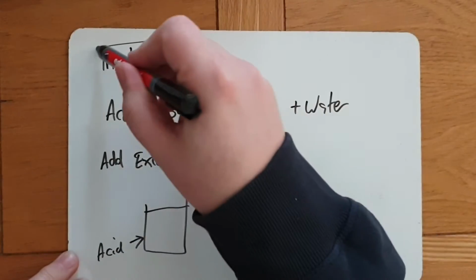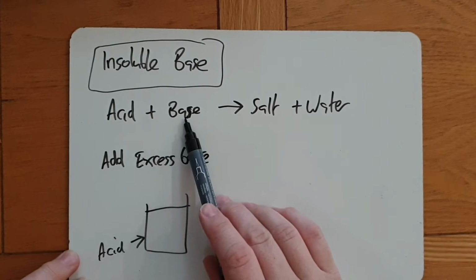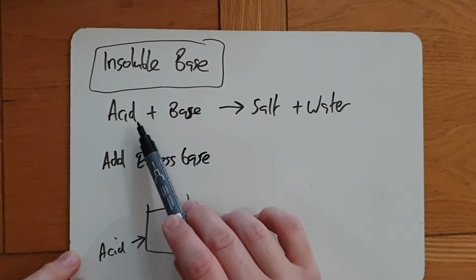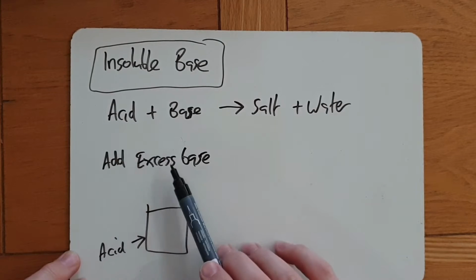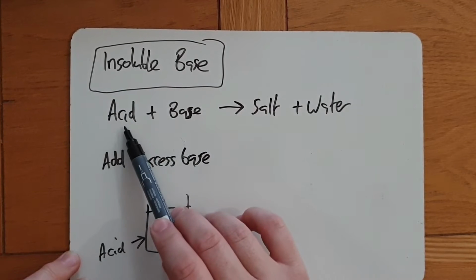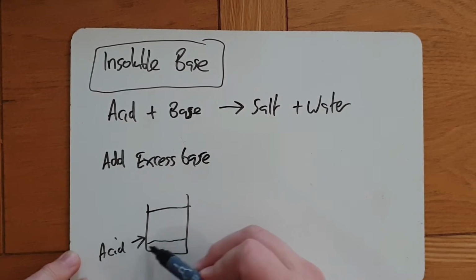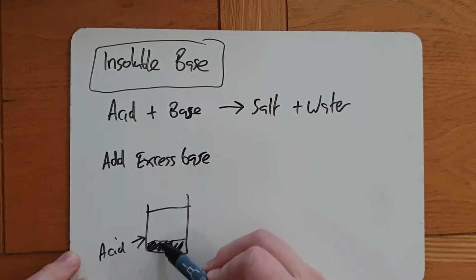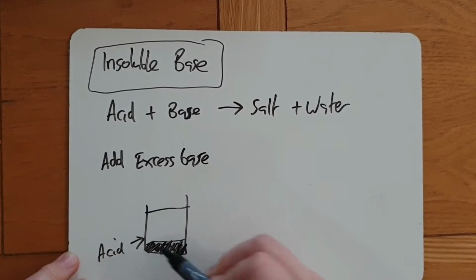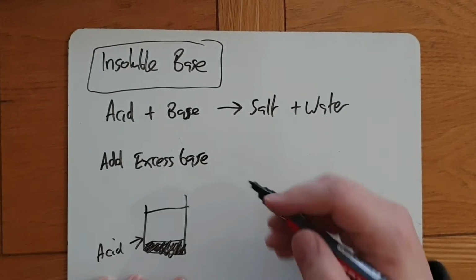But the perfect thing is, because it is insoluble, it keeps reacting with the acid until there's no acid left. And then as soon as there's no acid left, we keep adding that base, and there's no acid left for it to react with, so that base is insoluble, so it just sinks to the bottom. And then if you remember from the unit on separating techniques, how can you separate out something that's insoluble?